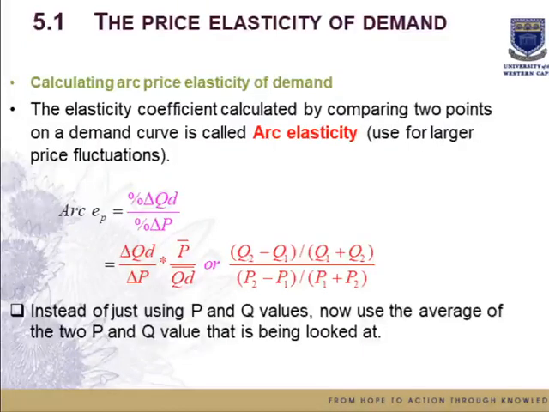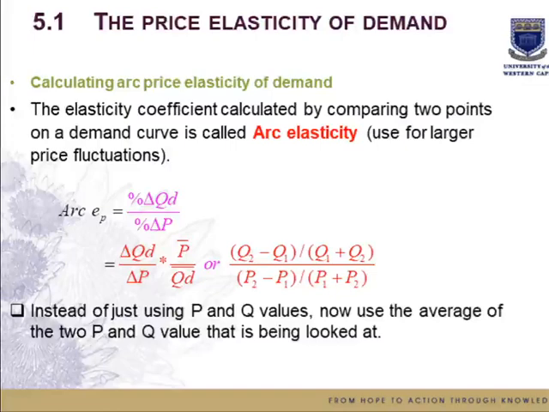The second method of calculating price elasticity of demand is called the midpoint or arc method. This method compares 2 points on a demand curve. It is normally used when there are large changes in prices. The formula for calculating price elasticity based on the arc method is the same as the one used for point elasticity.